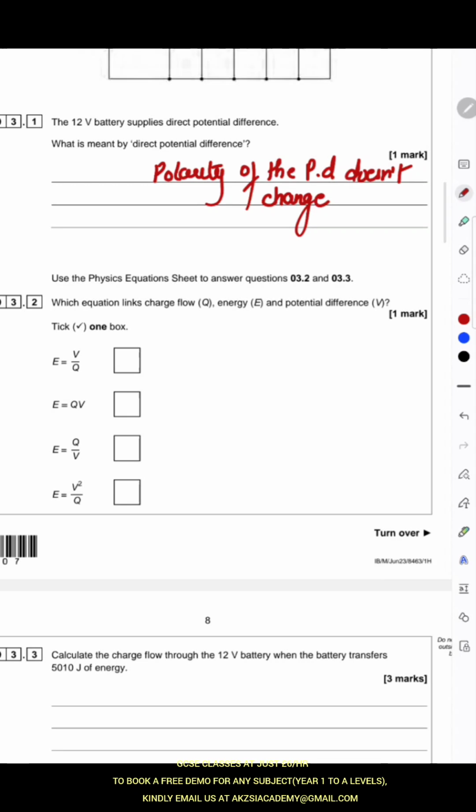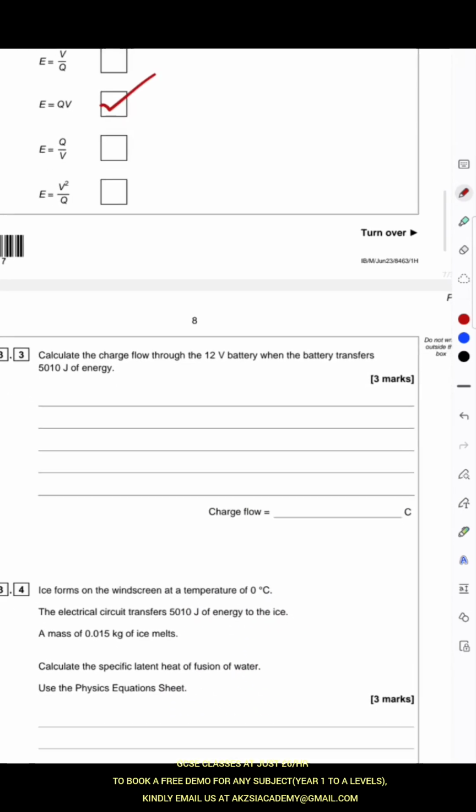3.2 says, write the equation that links charge flow, energy, and potential difference. We just have discussed that, right? E is equal to QV. That's the answer. 3.3, calculate the charge flow through the 12-volt battery when the battery transfers 5010 joules of energy. Same formula, E is equal to QV.